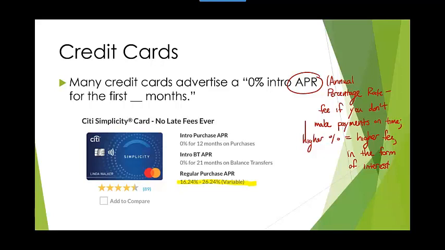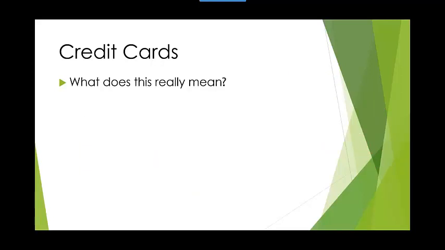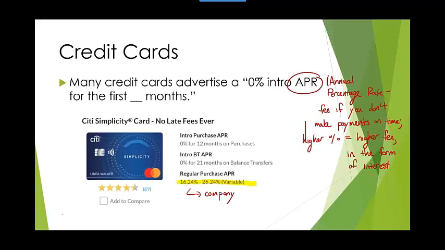And it is variable. So when they say you have a variable APR, what that means is that the company can change the rate. Not sure why the slides keep doing that, but sorry, I know that's annoying.